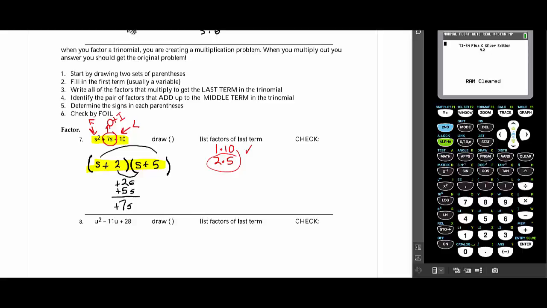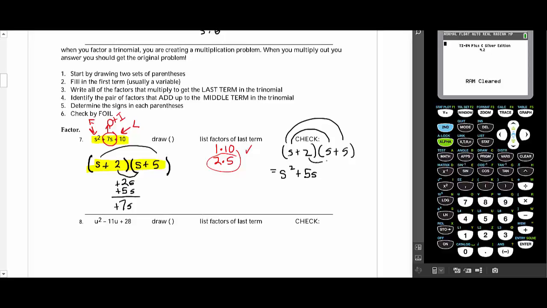Now let's check this one. I'm not going to check all these, but let's check some of them, because what you need to do as a student is anytime you factor anything, you want to make sure you're right. So we just FOIL this out. The first term, s times s, is s to the second. The outside term, you have s times 5. Be careful how you write an s and a 5 too, so you don't confuse them. So that's 5s.